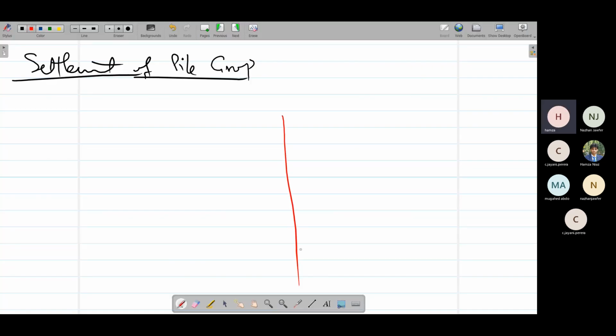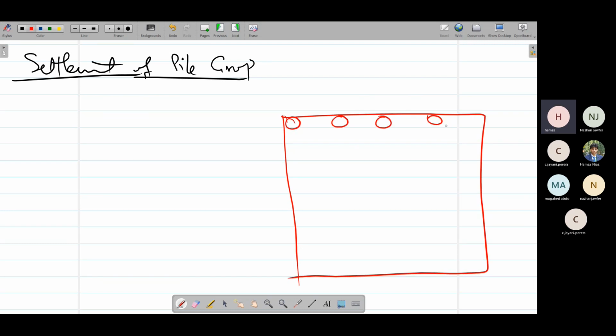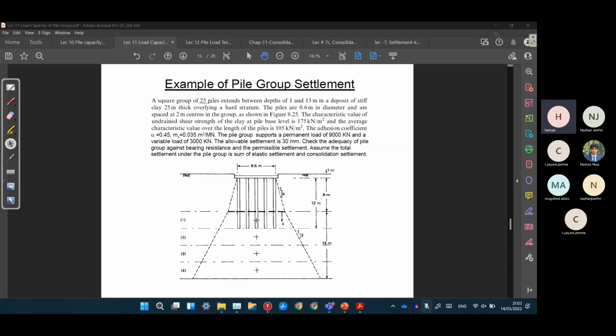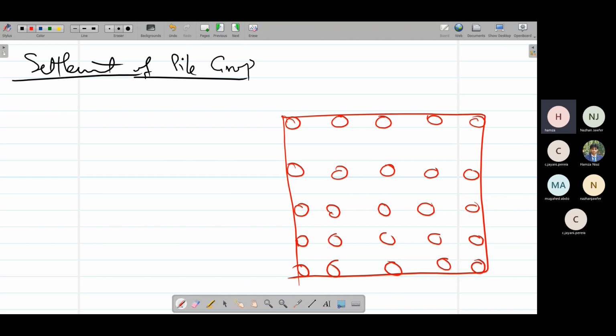So we have this 5 by 5 pile square. First of all, what should we do? We have to determine the group efficiency of this pile cap.